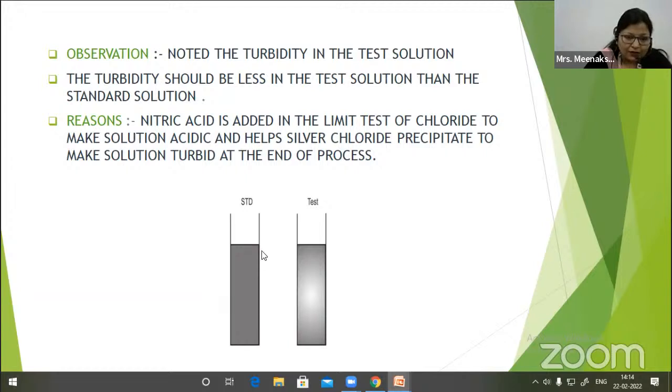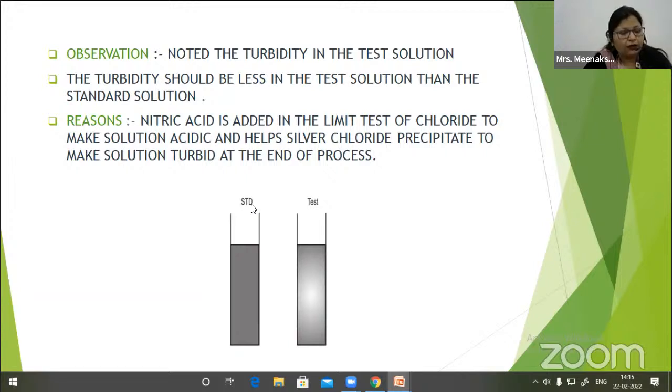And now what is the difference between turbidity and opalescence? When the solution has the precipitates inside it, the solution will appear to be turbid, right? Opalescence means that we can see through it. With turbidity we cannot see through the glass, but opalescence means that the solution will appear opaque and yet we can see through.